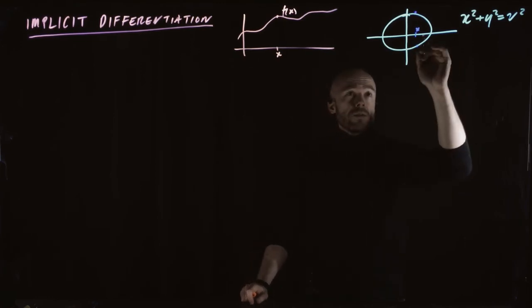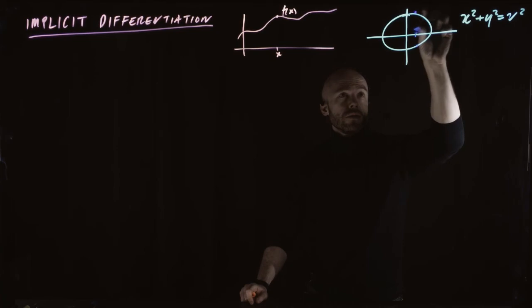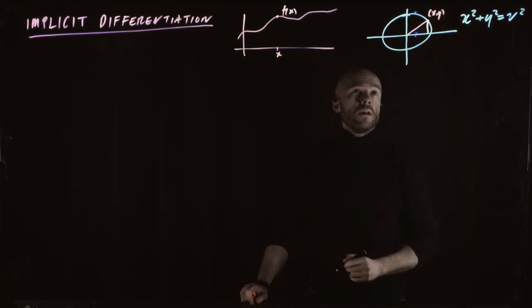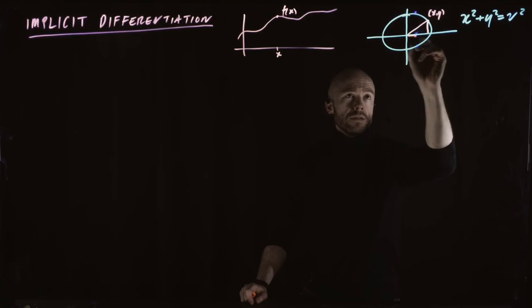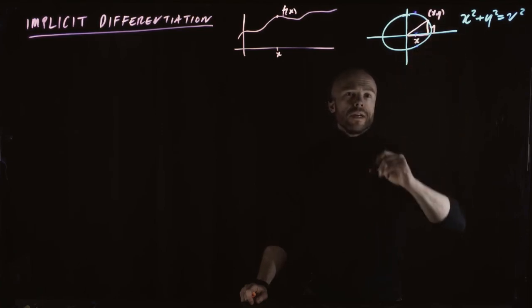So why is this the correct thing? Well, let us draw a little triangle like this. Okay? And let's suppose this is a point x, y on the circle. Then this side of the triangle has length x, this side has length y.